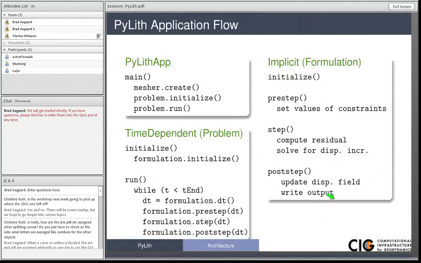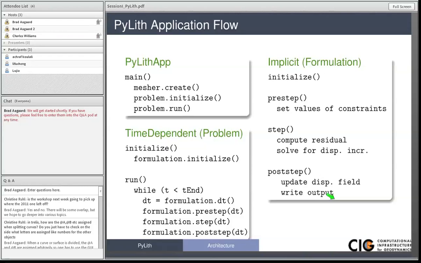The application workflow. So this is basically what the top level PyLith application looks like. There's a main that says create the mesh, initialize the problem, and then run the problem. A time-dependent problem has a relatively simple interface. It's going to initialize the problem and initialize the time-stepping formulation.